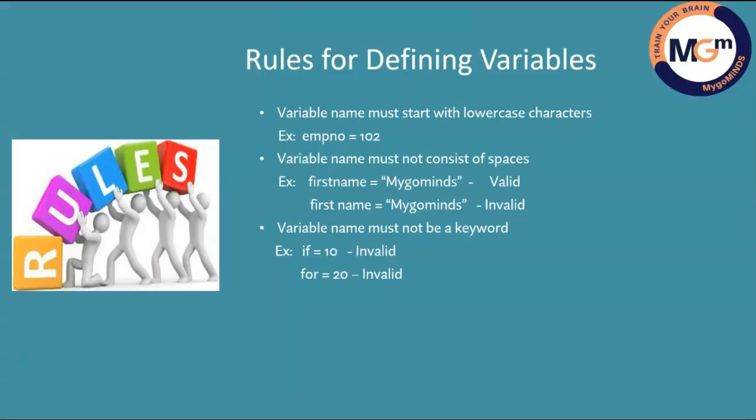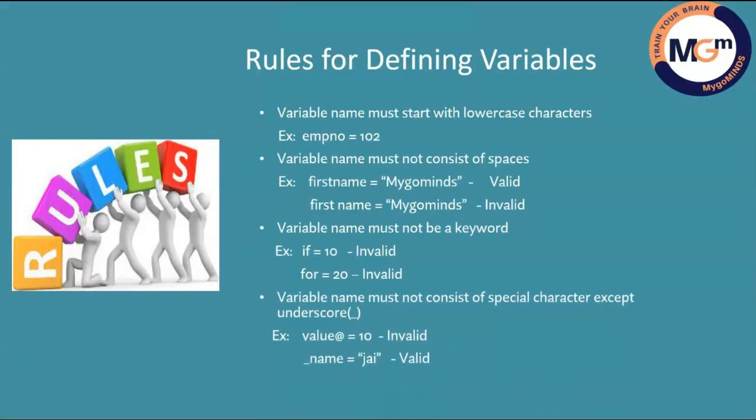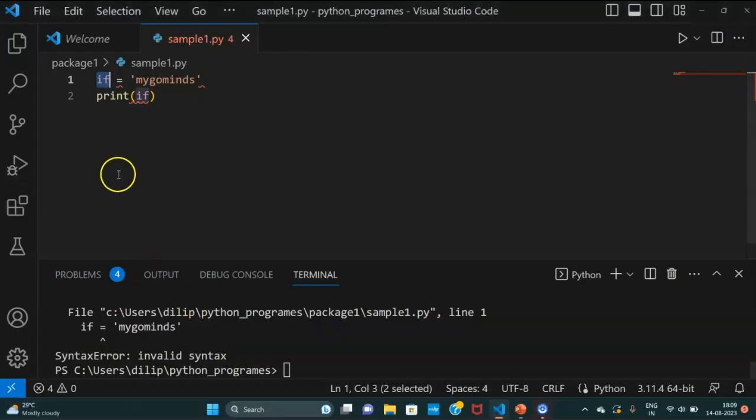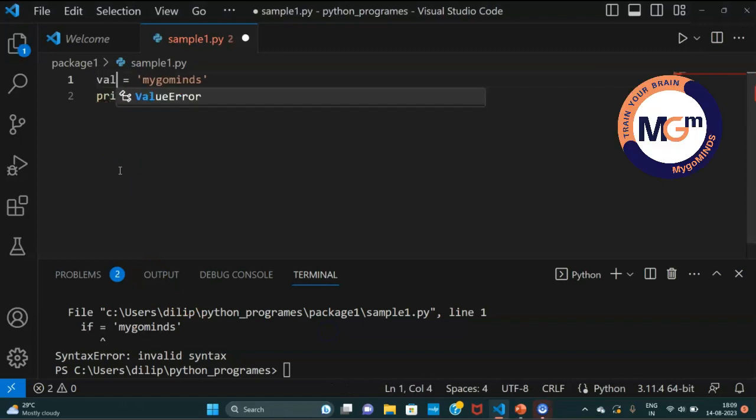Okay. So next, variable name must not consist of special character except underscore. So we should not use any special character in Python because it is the rule.